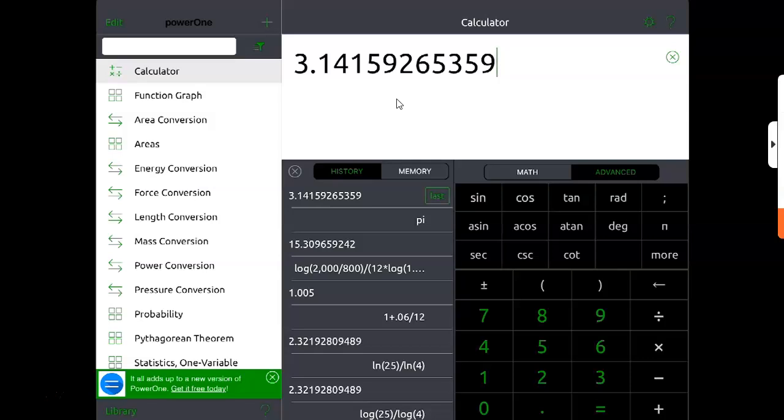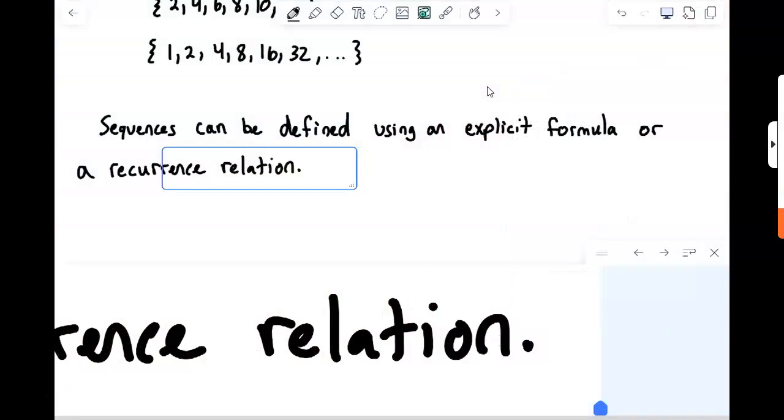We don't have a formula that's going to tell us the nth digit of pi, so the only way to get the digits is by generating the next digit of pi through some approximation method. But we could define our sequence like that, and so you can have sequences that don't have a describable pattern. And that's perfectly fine too.